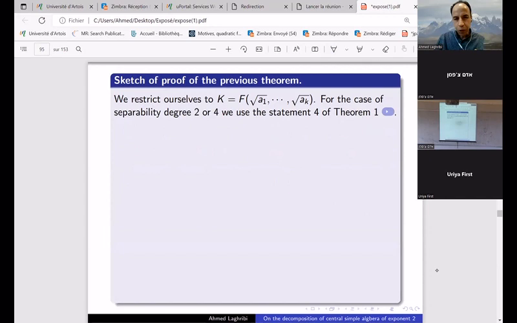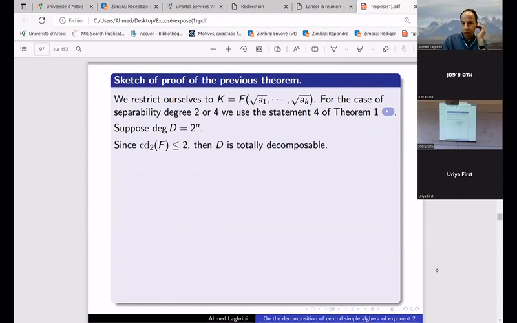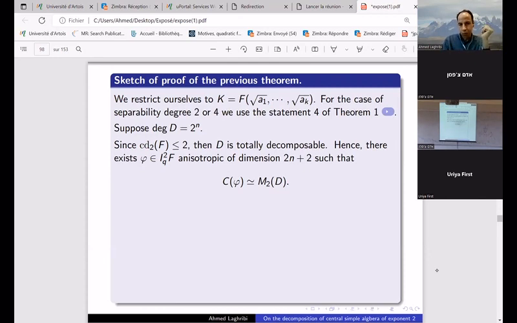Suppose that the degree of D is 2^n. Since the cohomological two-dimension is at most 2, D is totally decomposable. And by the correspondence that I gave you, we can find an anisotropic form phi in I^2 Q F of dimension 2n plus 2, such that the Clifford algebra of phi is isomorphic to M_2(D).